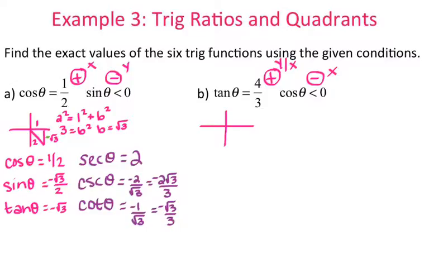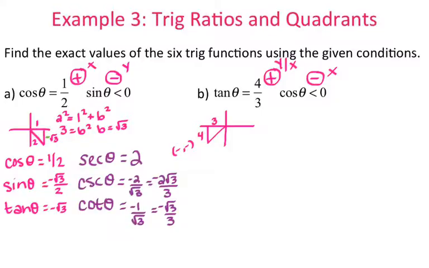So your x is negative in quadrants 3 and 4. But the quadrant that results in a positive sign when I divide my y by my x is quadrant 3. Because in quadrant 3 I have negative, negative, and when I divide a negative by a negative it gives me a positive value.